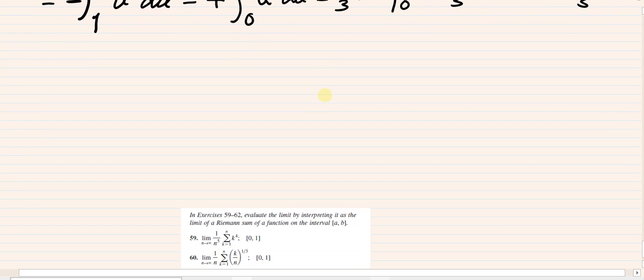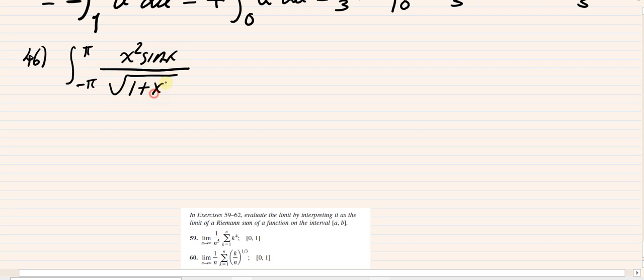And then we said we'll do number 46. In exercise number 46, this time we want to find the integral from negative pi to pi of x squared sine x divided by square root of 1 plus x squared.